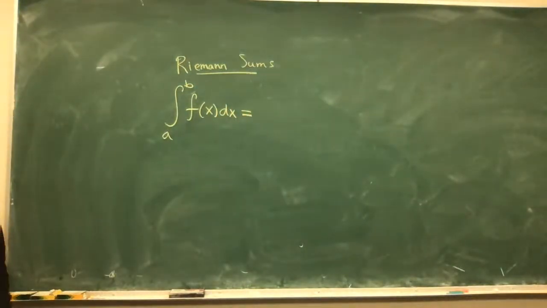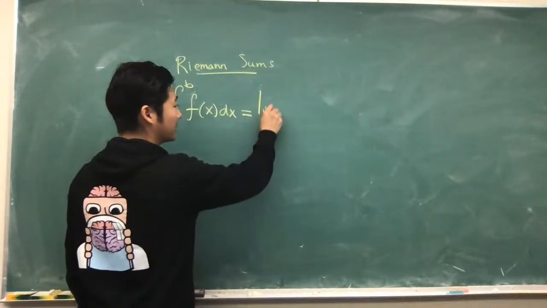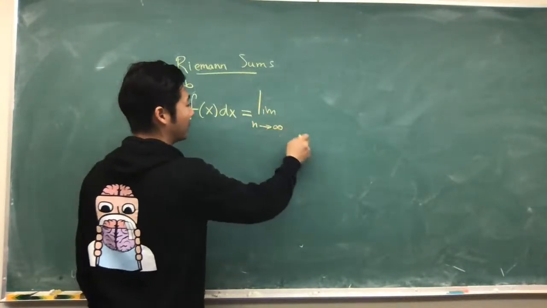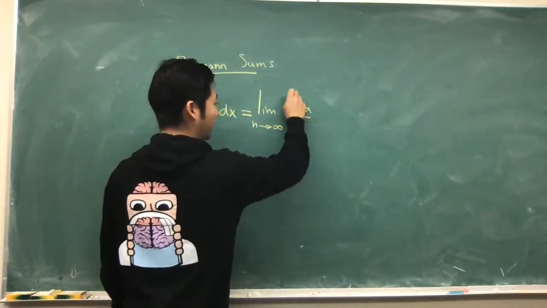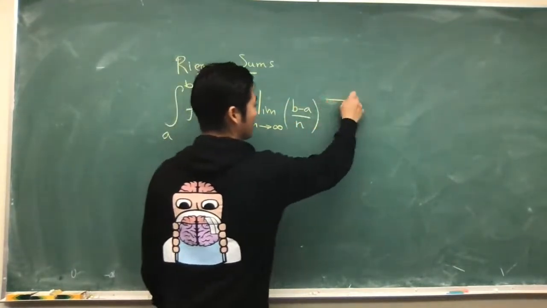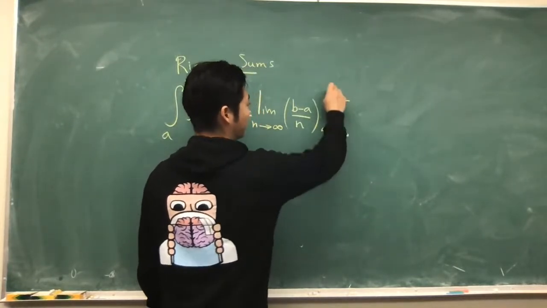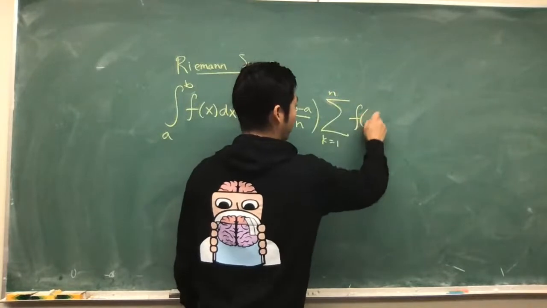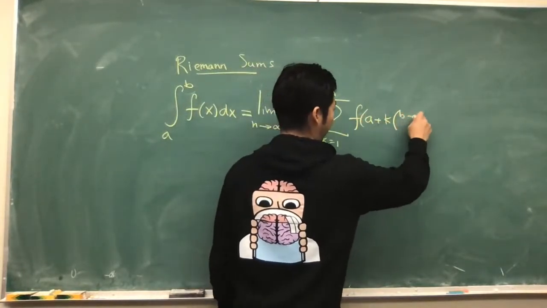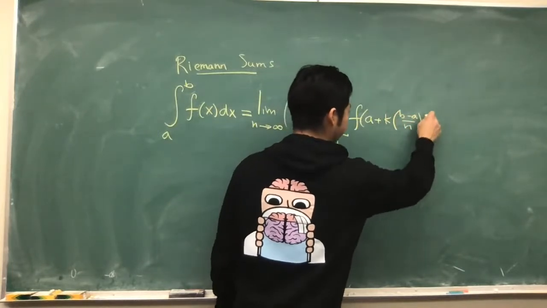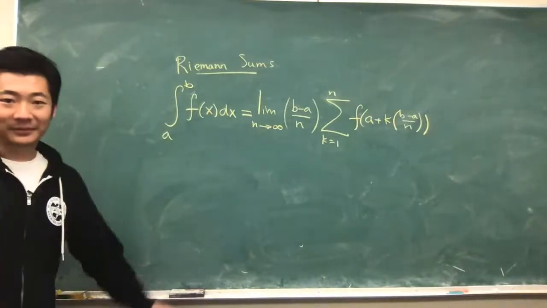The area under the curve of f of x from a to b is given as the limit as n goes to infinity of b minus a over n times the sum k from 1 to n of f of a plus k times b minus a over n. And that's it.